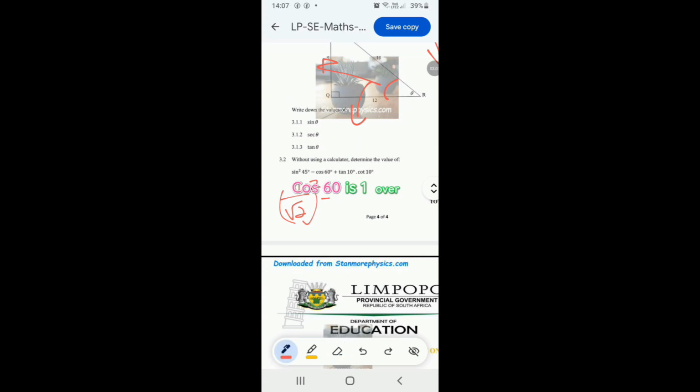Cos 60 is 1 over 2. We have tan 10 and cot 10. So here tan 10, let's write tan 10. Cot is 1 over tan 10 degrees.